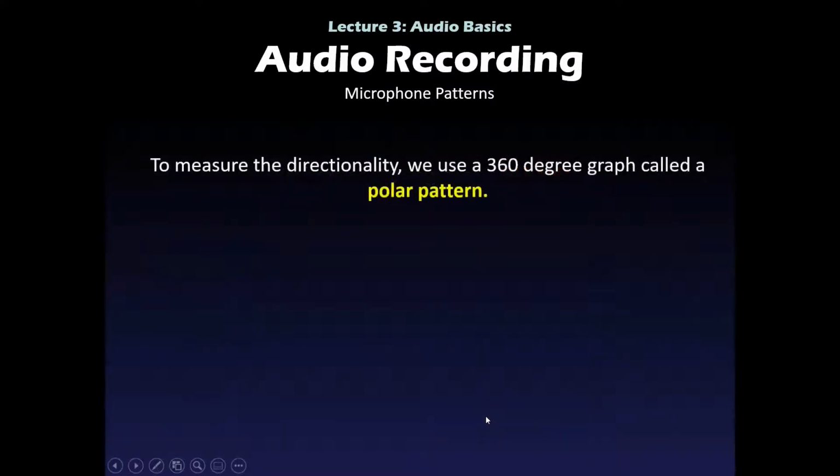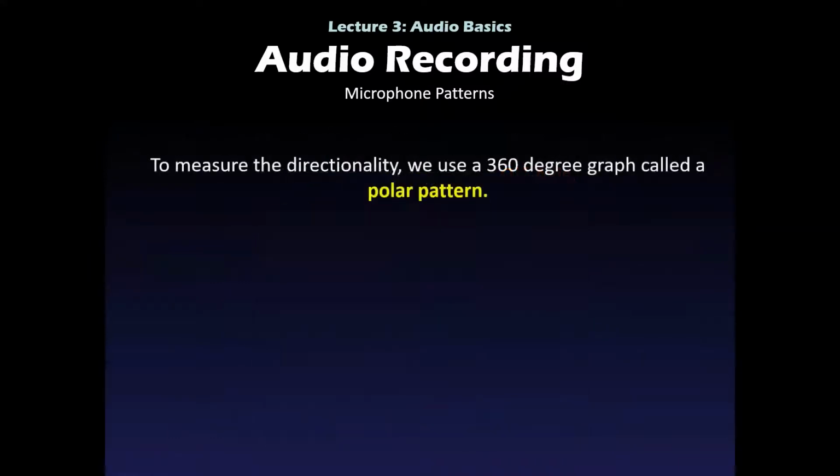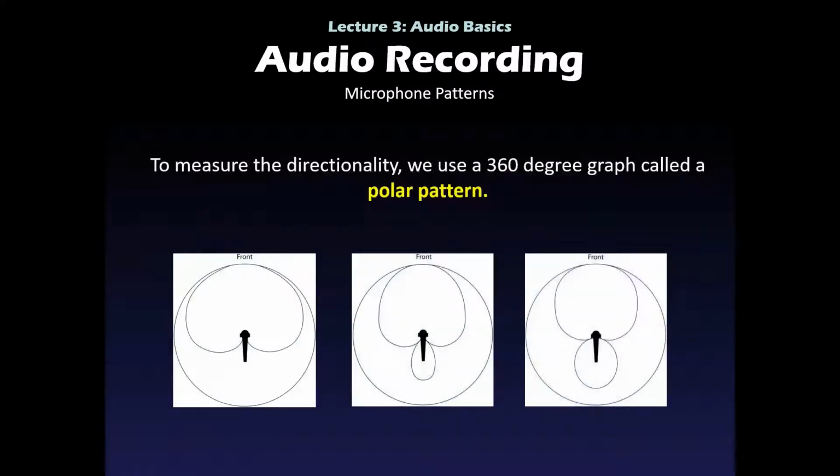So we use this 360 graph called a polar pattern. I just described this in a more informal way. A more formal way to describe the mic qualities for directionality is a polar pattern. And you see, this is like the Rebel Alliance or something, right? This is a polar pattern for a dynamic microphone. And what I'm looking at here is this upside down heart.